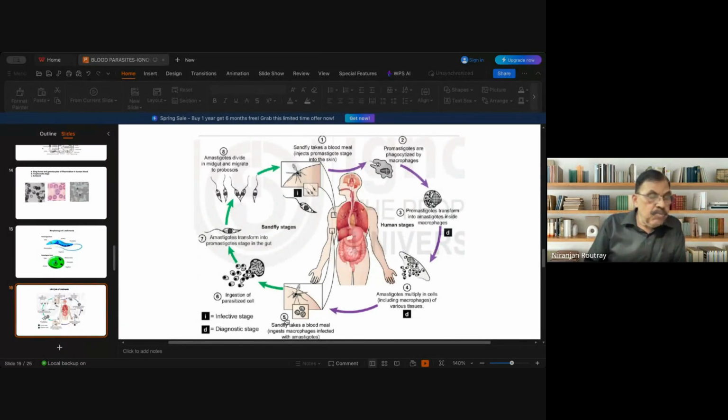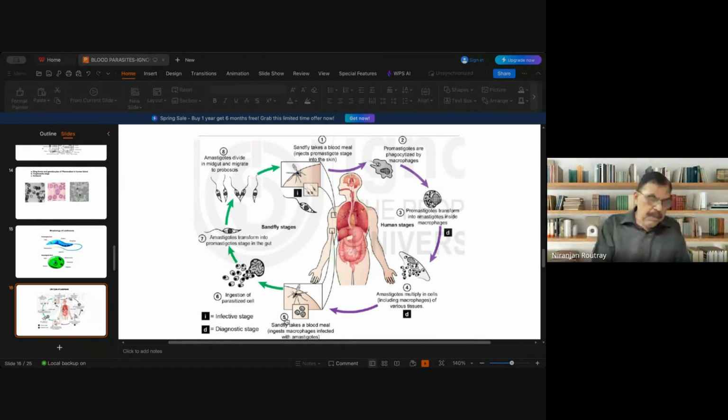They multiply through binary fission, and that is longitudinal binary fission. And then they migrate to the proboscis or to the salivary glands, where they wait for transmission to the next healthy human being when they bite.